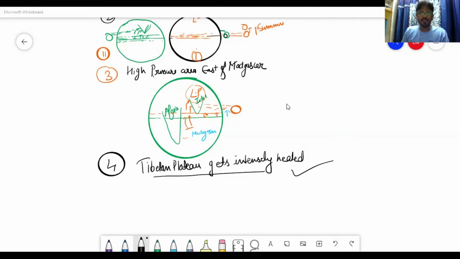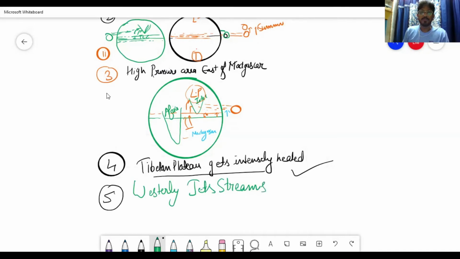The westerly jet stream and the tropical easterly jet stream.